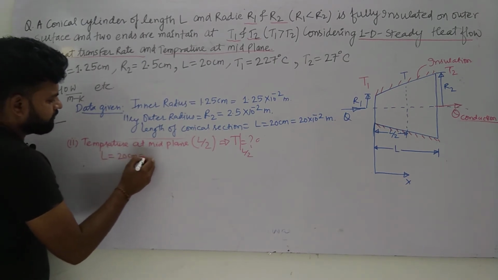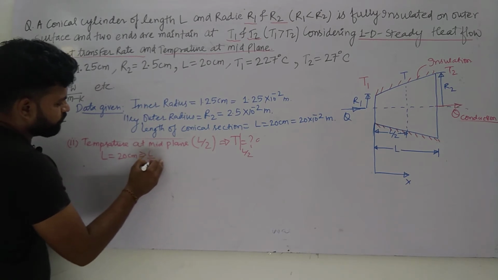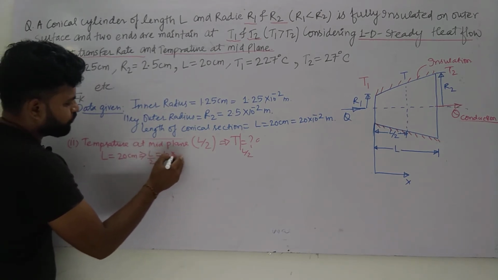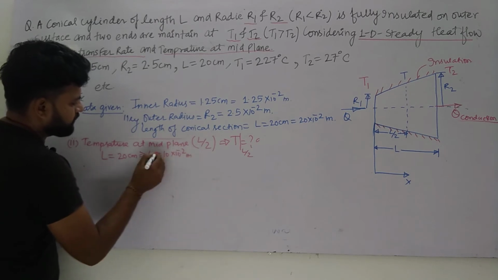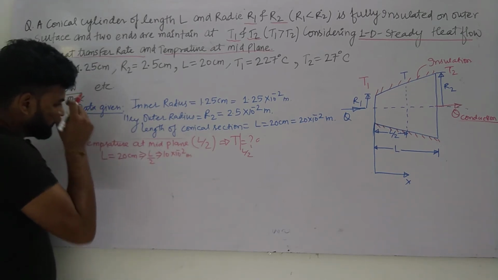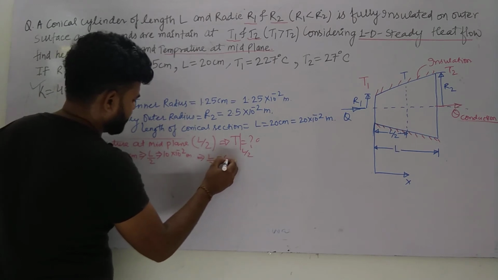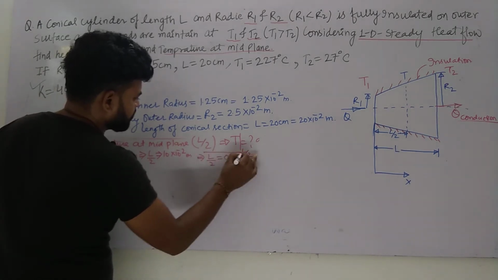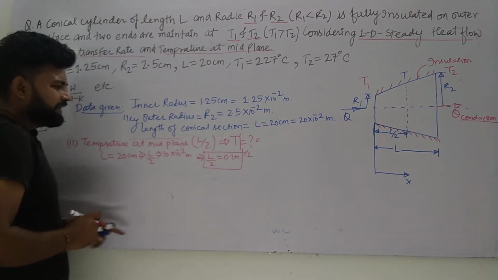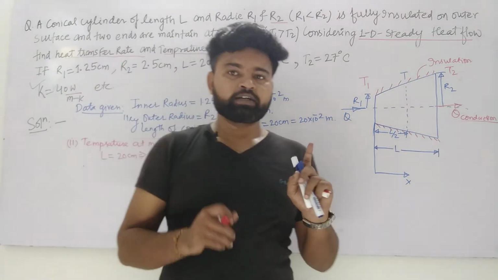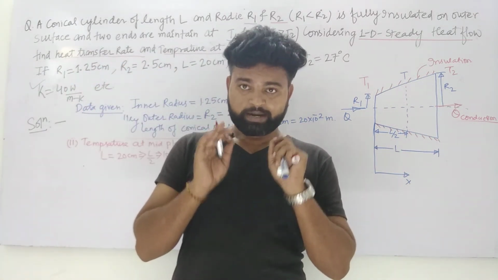So L by 2 will be 10 centimeter, 10 into 10 to the power minus 2 meter. So that implies L by 2 will be equal to 0.1 meter. So can I calculate the temperature here?